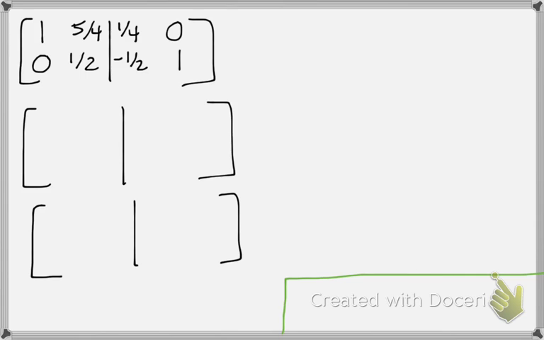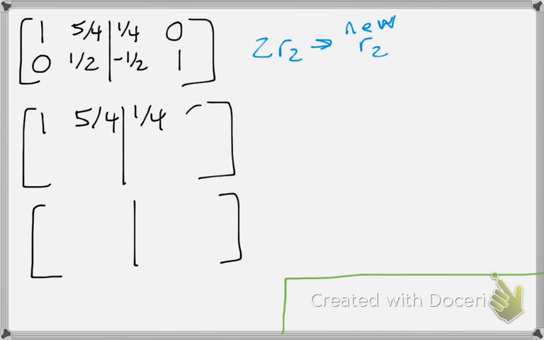I can do that by multiplying 2 times row 2 to be the new row 2. So row 1 is going to stay the same. Row 2 is going to be that. So I have a 1 here, a 0 here, and a 1 here.